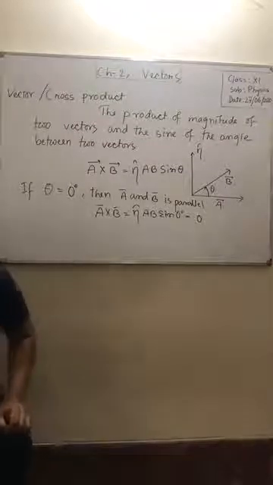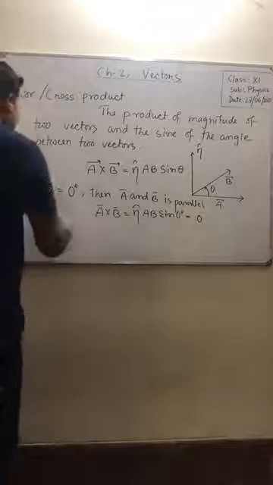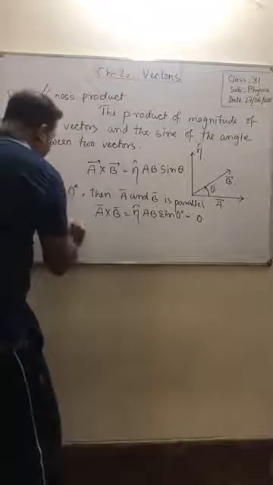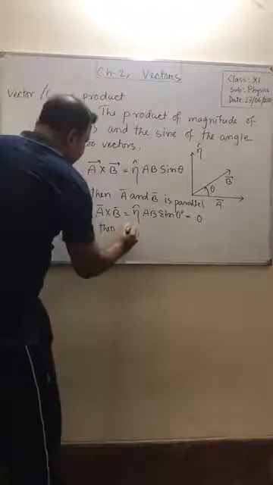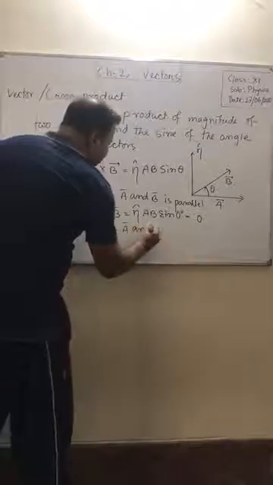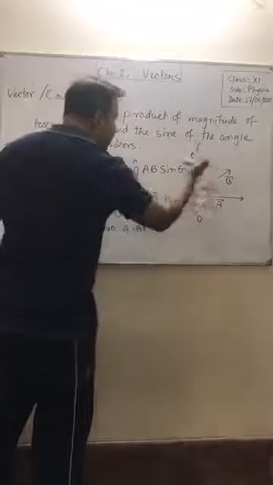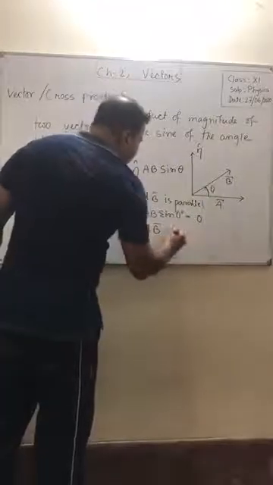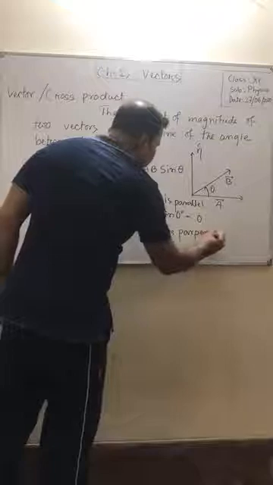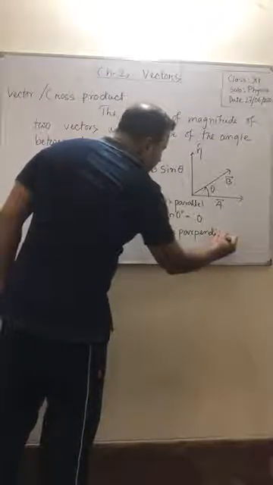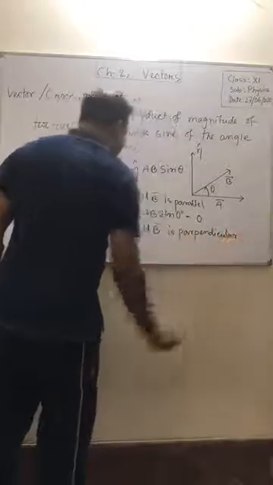Okay. We said that if theta equals 90 degree, then A and B are perpendicular to each other. Remember this condition, it's very important.